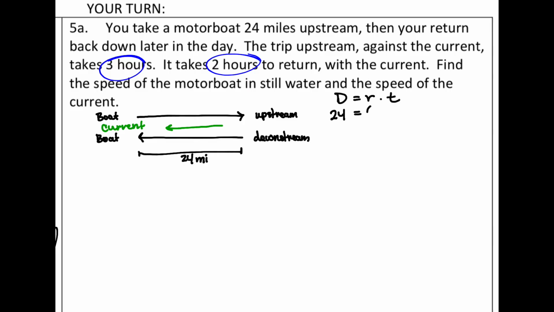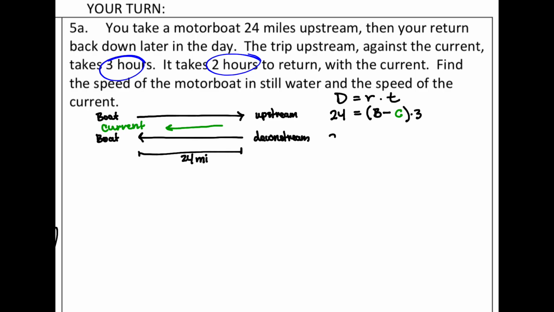The rate is going to be, say, B for boat, and you're going to subtract the current. Times it by the time. Now let's go back up and figure out which one it was. Trip upstream against the current takes 3 hours. Okay, so 3 right there.